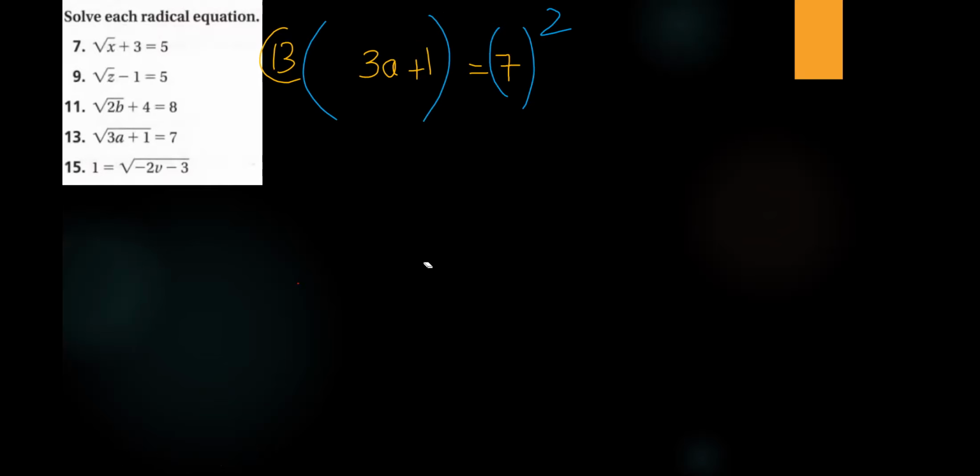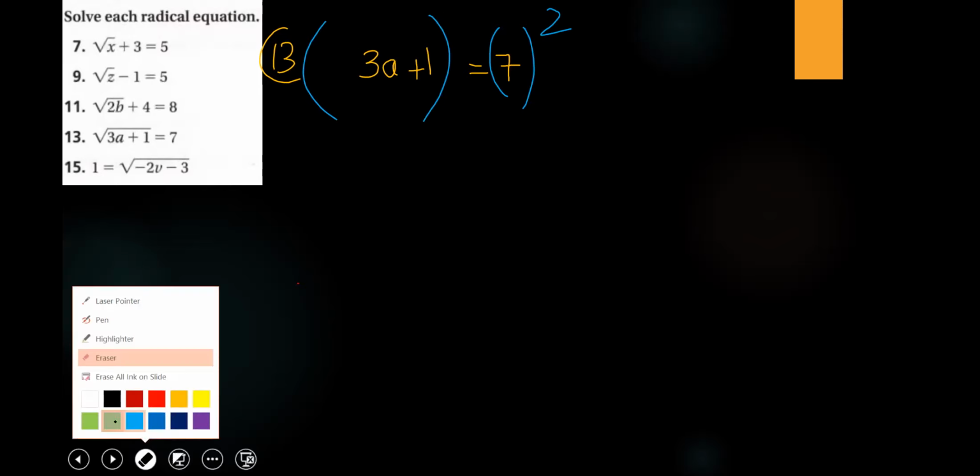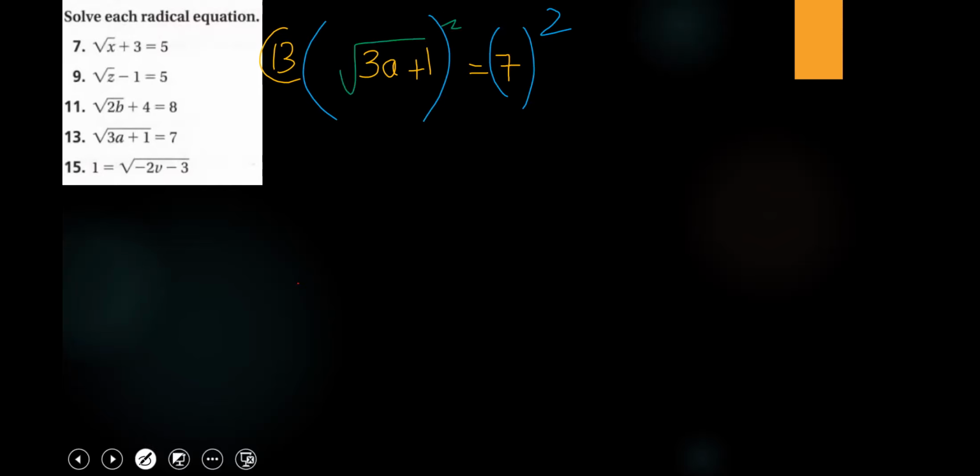That's the meaning of canceling the square root. So we have 3a plus 1 equals 7 squared. What is 7 squared? 49.